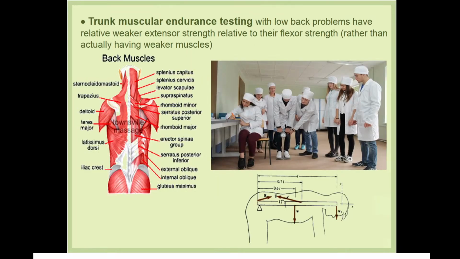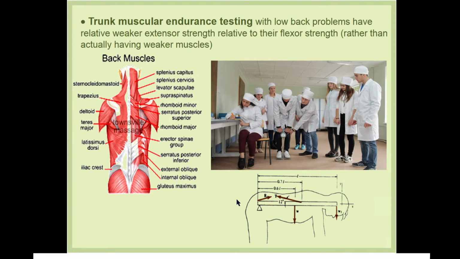By the same means, you can measure trunk muscular endurance. Testing may be done with low back problems; these people have relatively weaker extensor strength relative to their flexor strength, rather than actually having weaker muscles.